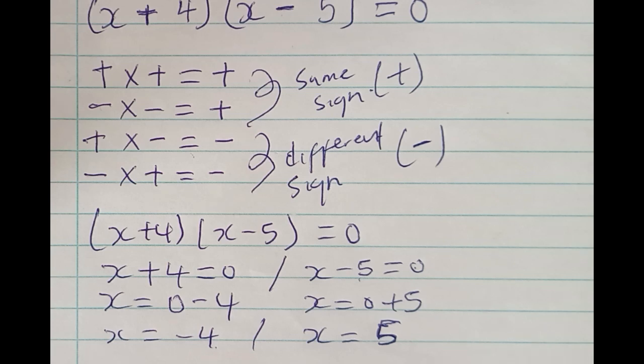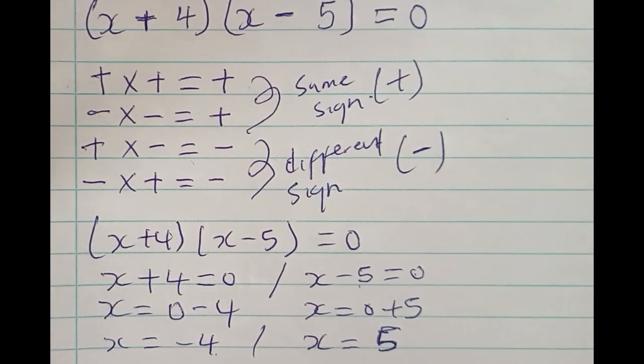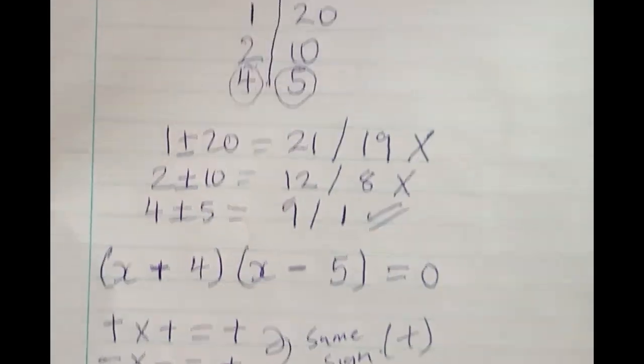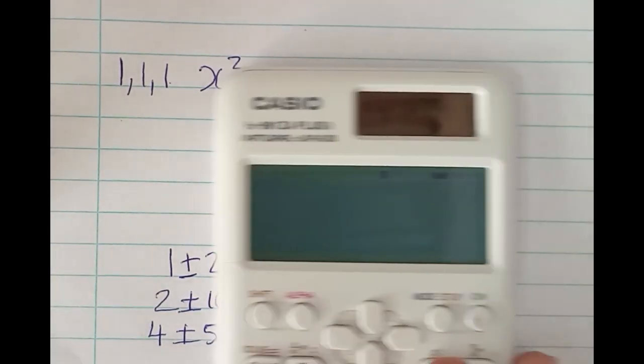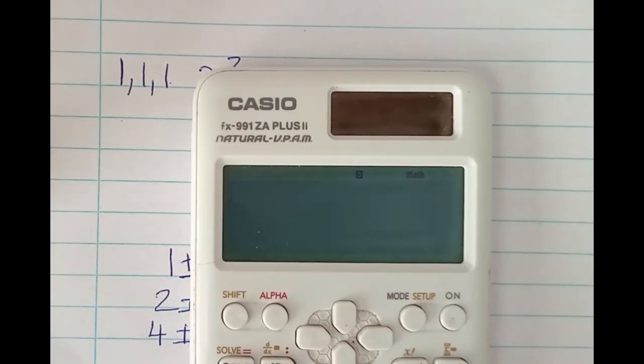Okay, so let's do this. Remember our question. Now I'm doing the checking. I said x is equal to negative 4. Every time you substitute, put it in a bracket, even on your calculator. So you'll have to open brackets.